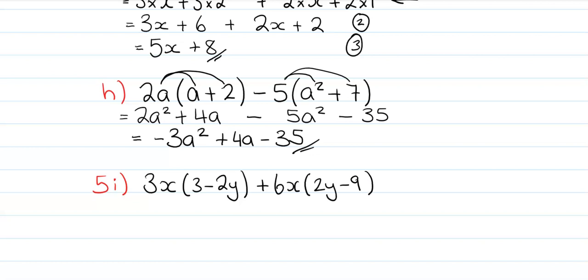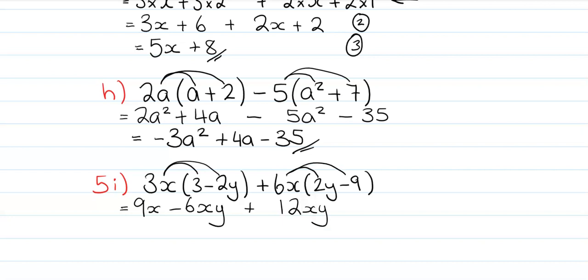Okay, so again, I'm going to do the minimum amount of working. 3x times 3 is 9x. 3x times negative 2y would be negative 6xy. 6x times 2y would be 12xy. 6x times negative 9 would be minus 54x. Okay, I'm going to look for my like terms. So I've got 9 and 54 there. So we could have negative 45x, sorry, negative 45x plus 6xy.